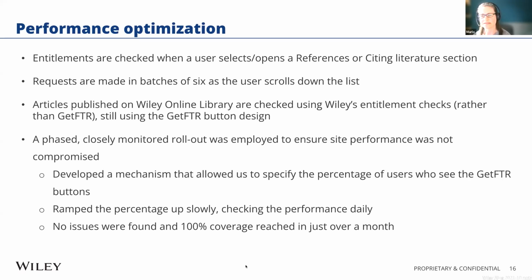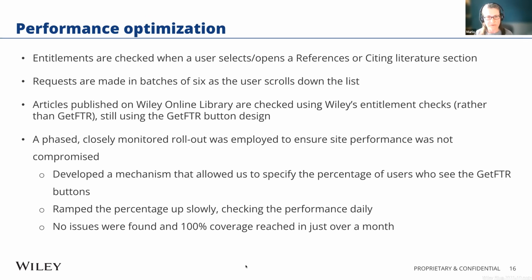We made sure that the API is called when a user selects the references or citing literature section. It's not just on page load; it waits for that user action. We also are calling the article entitlements in batches of 6. Even if a reference list is very, very long, it's possible that an article could have thousands of references in some extreme cases.